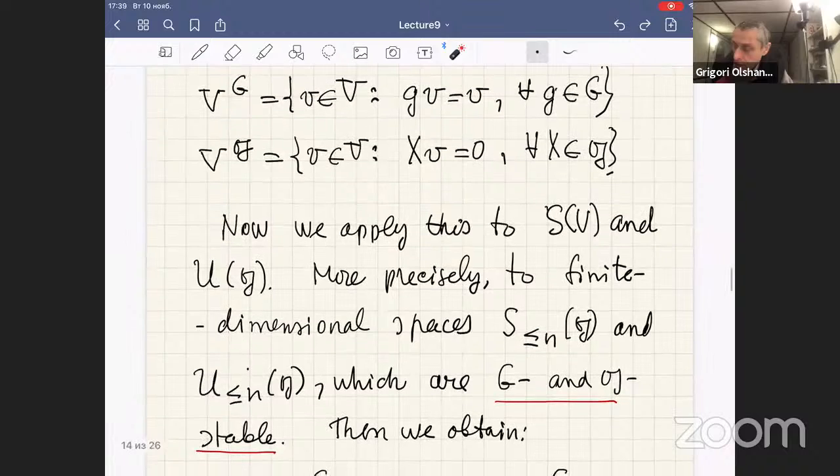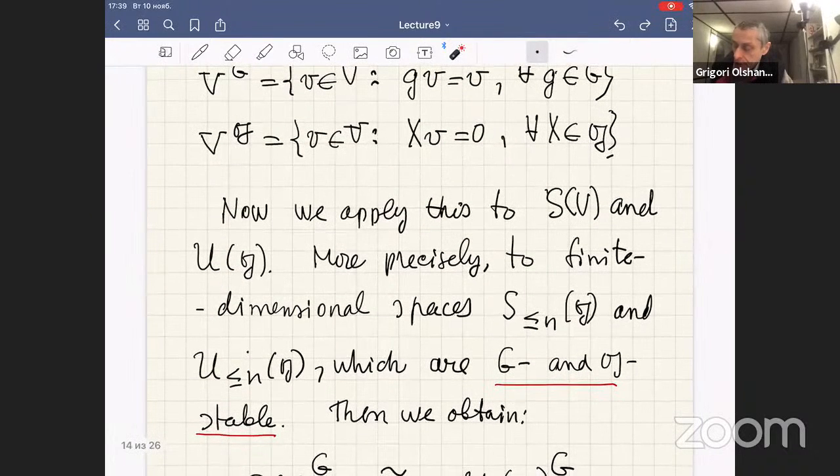And the symmetrization map maps this subspace isomorphically to this subspace. And they are both, this is important, invariant with respect to the action. I wrote here not invariant but stable, but this is the same.